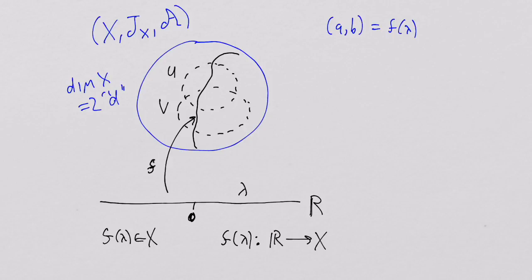But in this case, let's just say it's 2. If it was d, it would be alpha 1, alpha 2, ... alpha d, and that would equal f of lambda for a d-dimensional manifold. For right now, I'm just going to focus on 2, to make things a little bit easier to manage for this demonstration.